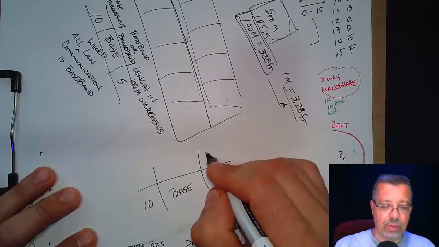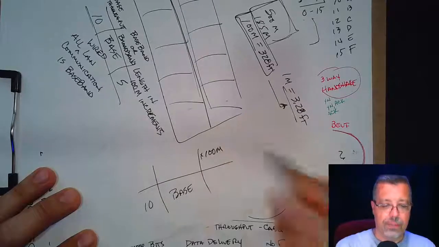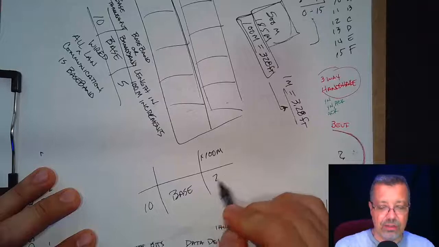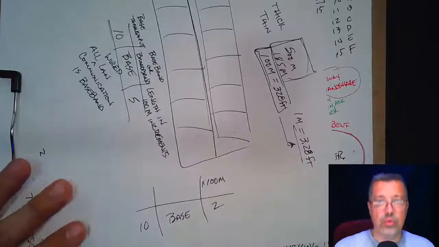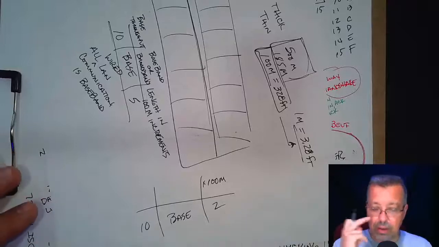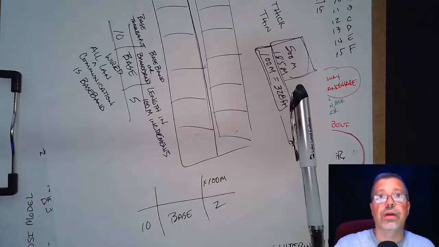And this last one was in 100 meter increments. How many 100 meter increments did we have? It's 185 meters, and so they round up to 10Base2. So don't be confused, that's not 200 meters. It's still 185 meters, but they've rounded because they don't want to say 10Base1.85.